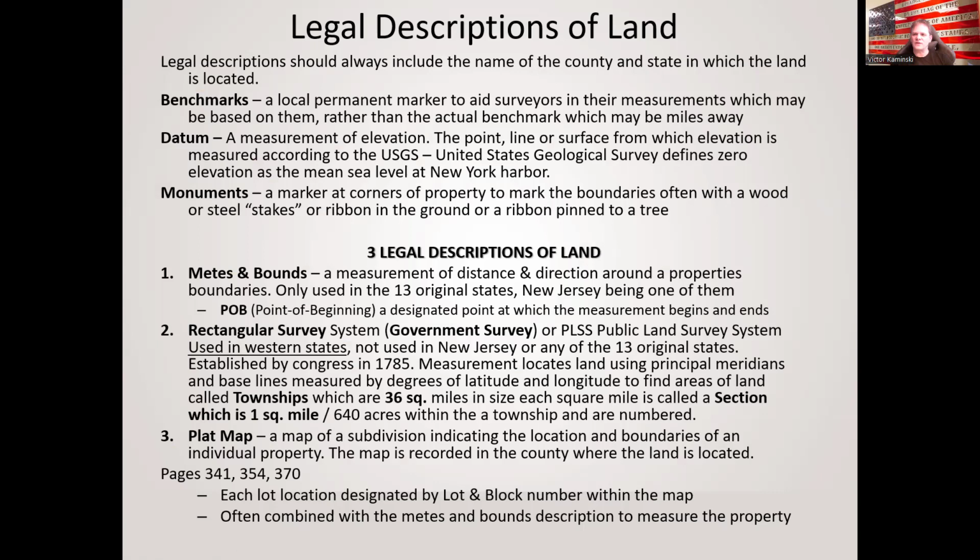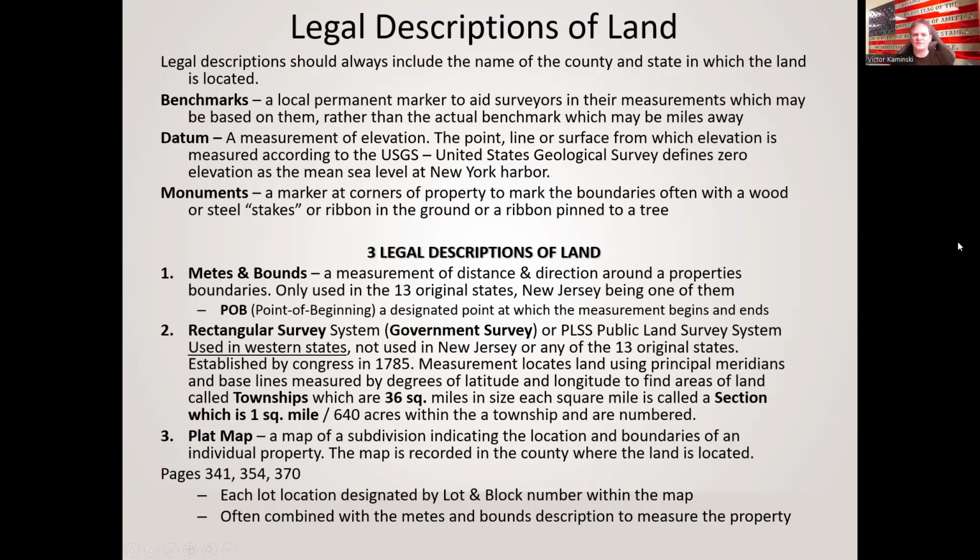What legal description of land starts at a definite designated point called the POB? Meets and bounds. What legal description of land was created by Congress? Rectangular or government survey. Which legal description of land uses areas called townships and sections that are separated by degrees of latitude and longitude?